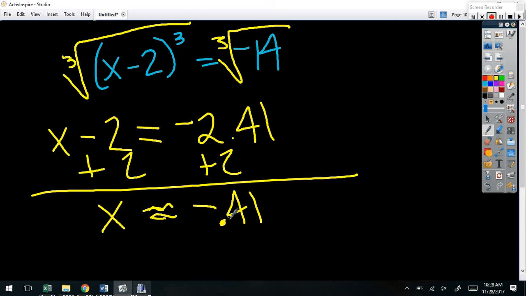Plus or minus are for even roots. Odd roots keep the same sign. The squiggle equal sign means approximately, because I rounded it.